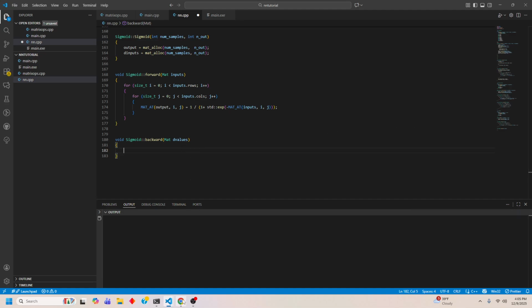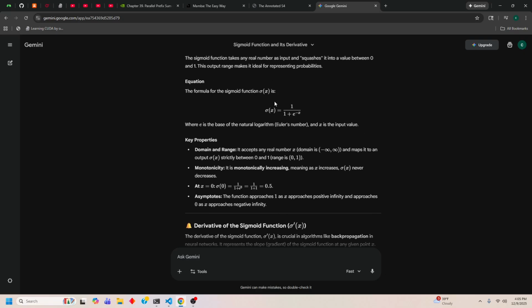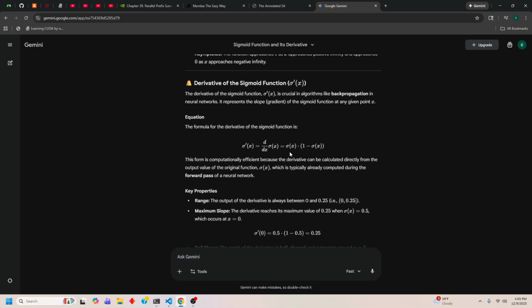I actually have asked Gemini to explain the derivative. So we got here the sigmoid function, which is just 1 over 1 plus e to the negative x. And then the derivative of that is just the sigmoid function itself times 1 minus the sigmoid function.